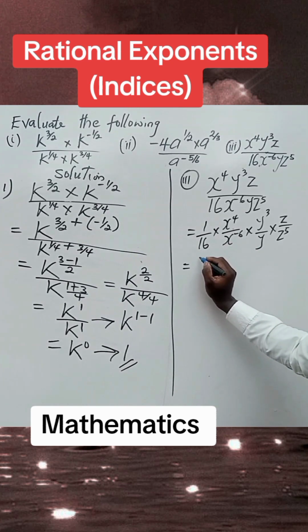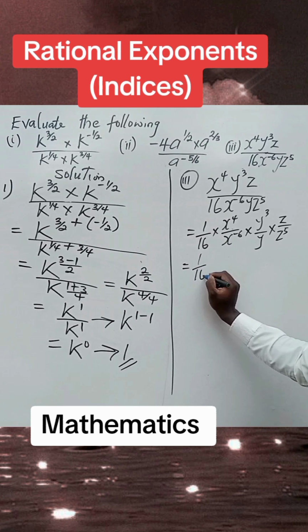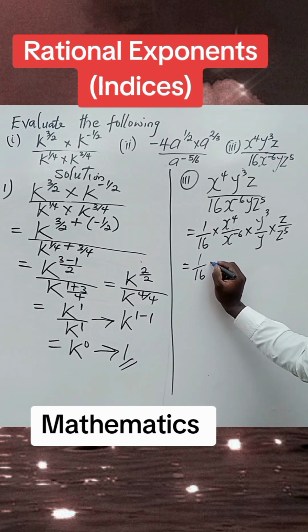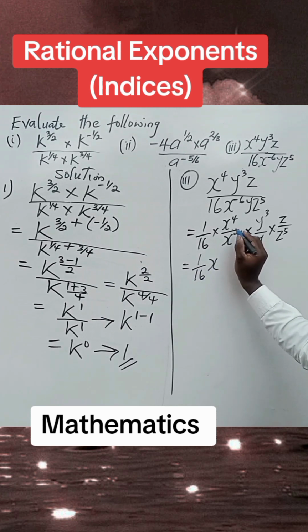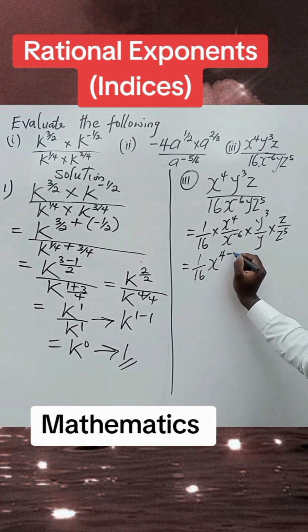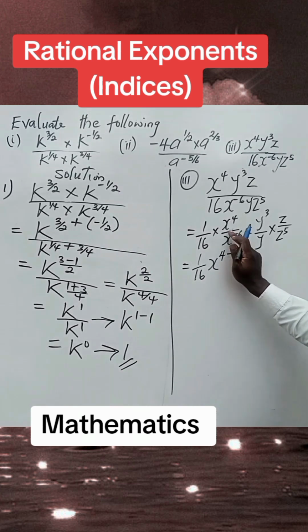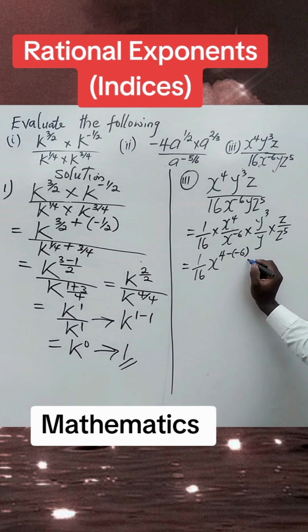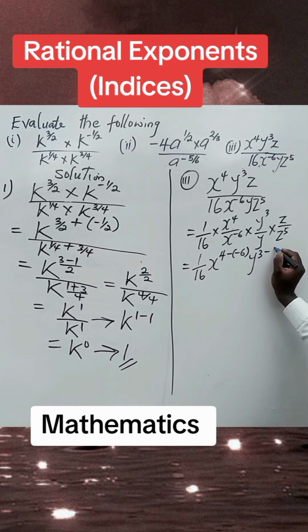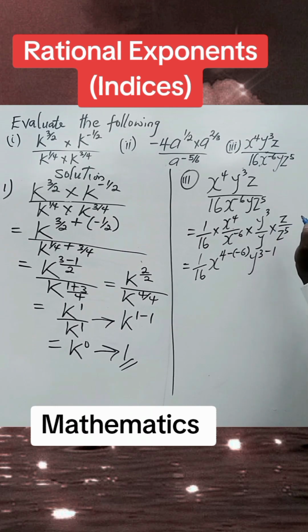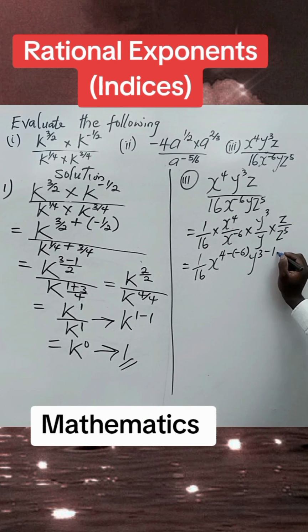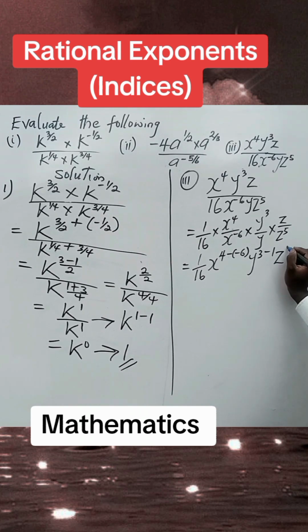Here remains 1 over 16. Here you apply it: x to the 4 minus minus 6. Division, you subtract the exponent. The next is y to the 3 minus 1, because y with no exponent means y is raised to the power of 1. Then z is 1 minus 5, because this is power 1.